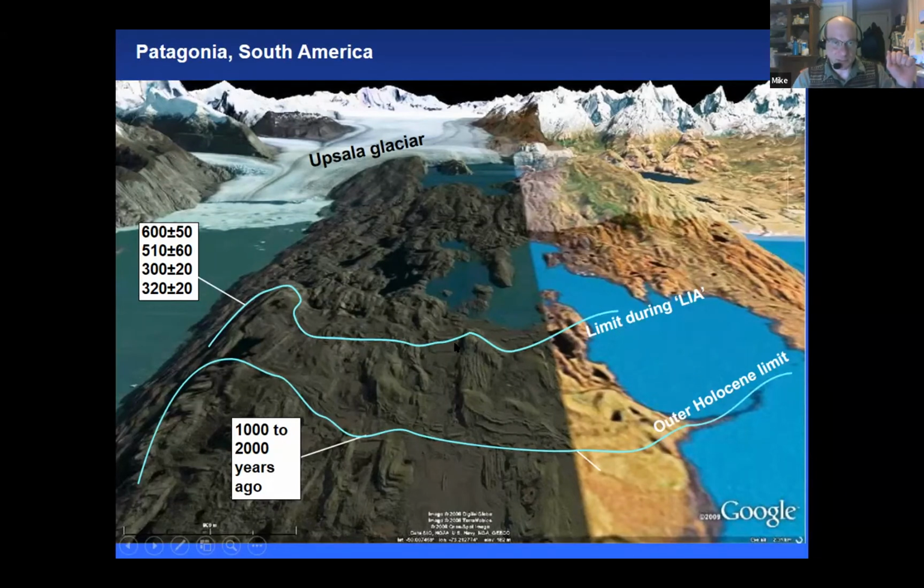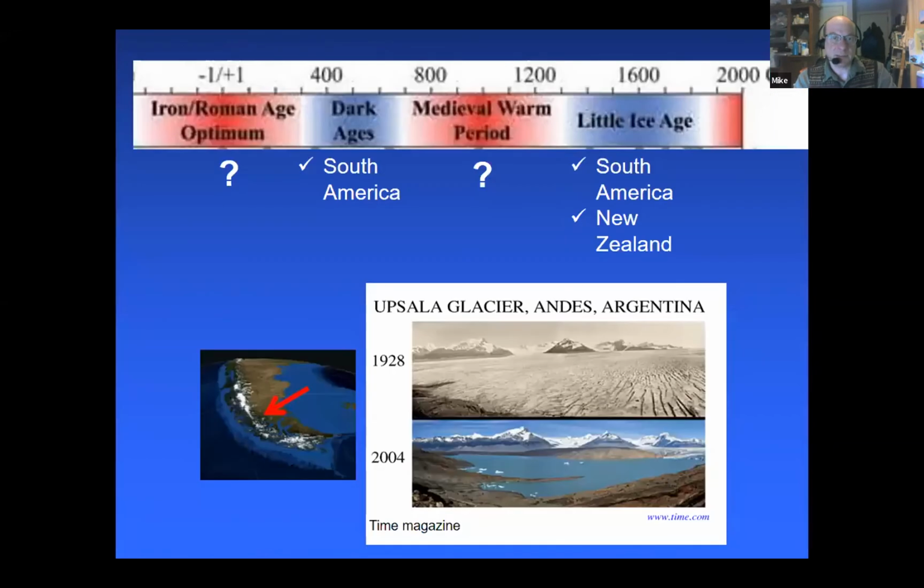So the Uppsala Glacier was even bigger 1,000 to 2,000 years ago and was at the second blue line. You can see the Uppsala Glacier where it is now. This was around 2005, and it has actually retreated a little bit more since this image from Google Earth, which I saved about 10 or 15 years ago.